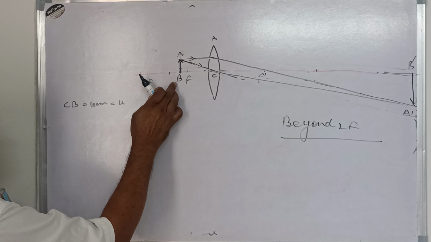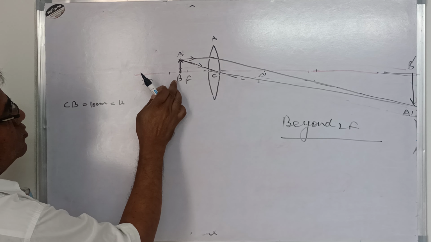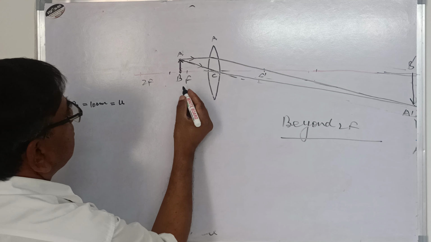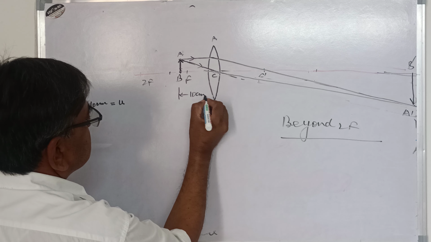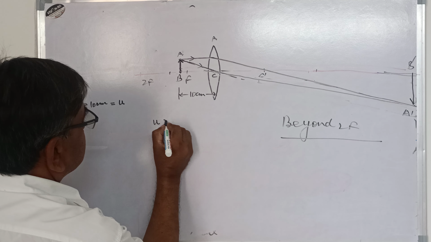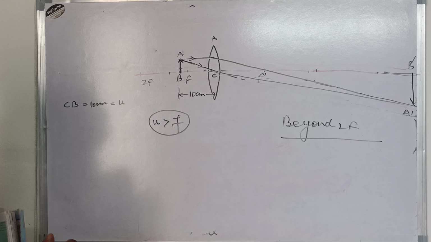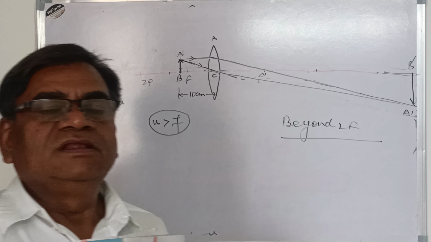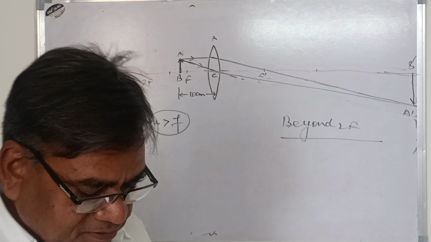So we have decided that the position of the object will be here. If it is at 10 centimeter, it means U is greater than F, फोकल से ज़्यादा है but less than 2F, F and 2F के बीच में.